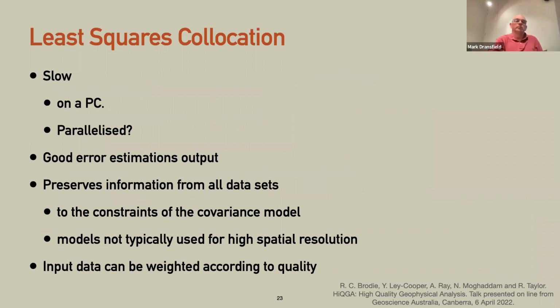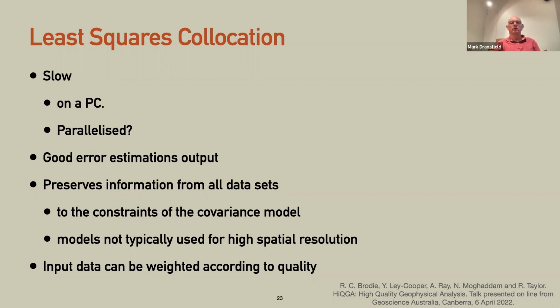Like the equivalent source, and pretty much for the same reason, because it's an inversion, it's pretty slow on a PC. I don't have any knowledge or information about how that goes if you try to parallelize it. It's kind of outside my field of expertise at the moment. It does give you good error estimation, and it does preserve information from all the data sets to the constraints of the covariance model.